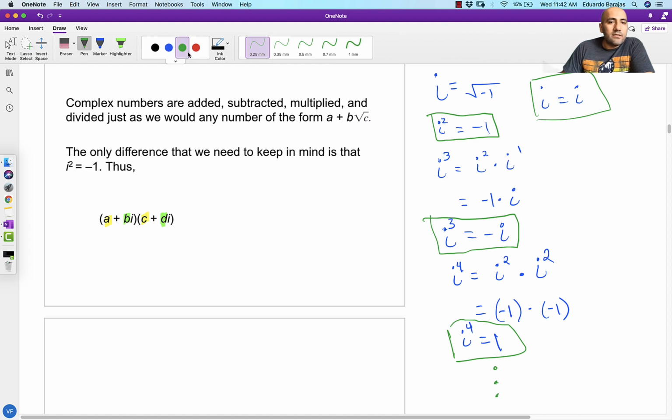How do we multiply these? Well, good old FOIL will work out. So the first, the outer, the inner, the last.